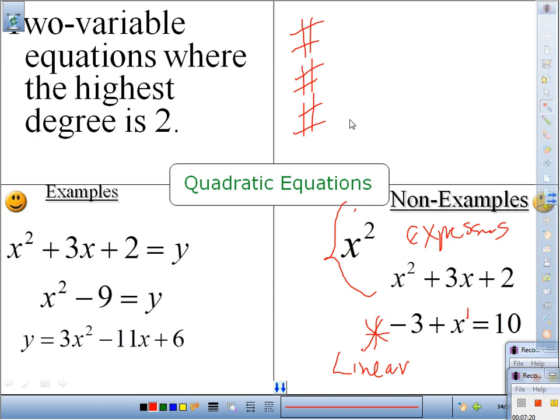Hashtag what? Hashtag highest degree 2. Hashtag what? Edgar. 2 variable equations.